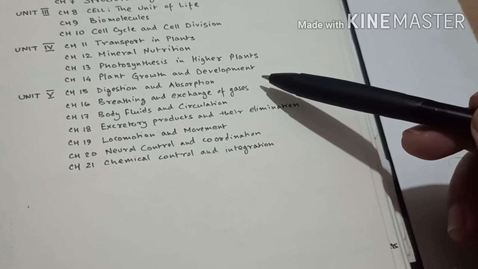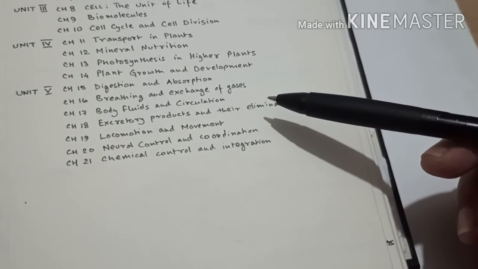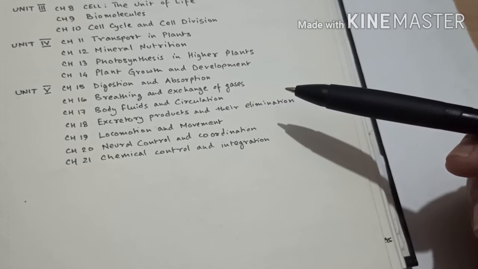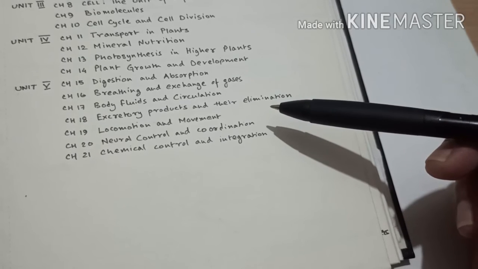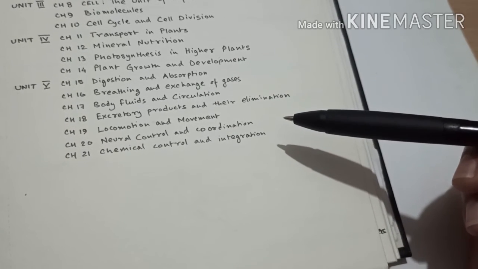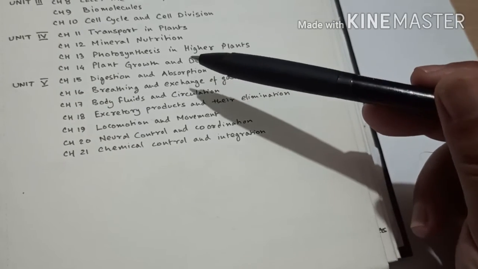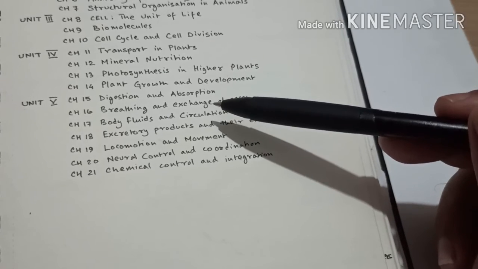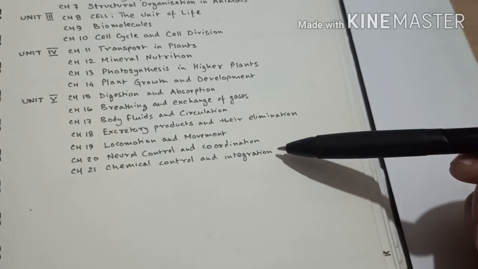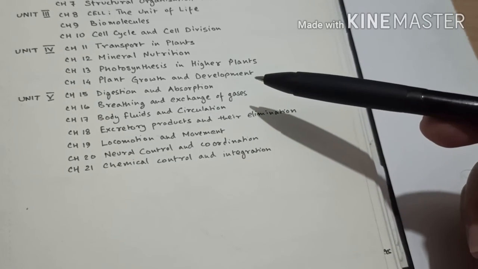Starting with digestion and absorption, then breathing and exchange of gases, then body fluids and circulation, then excretory products or the process of excretion, and locomotion and movement, neural control and coordination, chemical control and integration. Now all these chapters are something that one has studied in class 10, but now the entirety of the concept will be a bit enhanced, and one has to study in more detail.